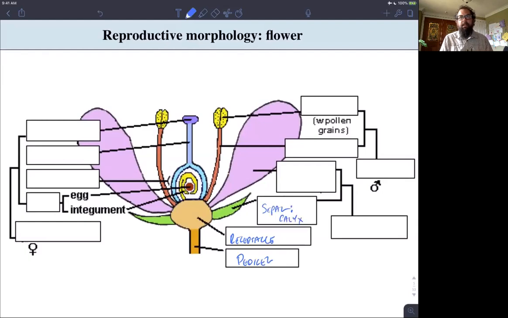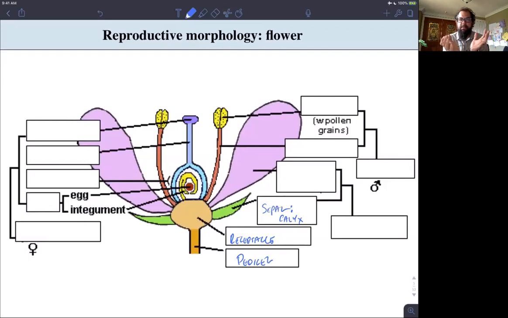The calyx, while it is often green, functions as protection of that flower bud. So this outermost whorl is going to be the protection while this is in bud. When this flower opens up, they're then on the outside of the flower. So the main role of the sepal is to protect. There's some small photosynthetic role to the sepals as well, but that main role is to protect.